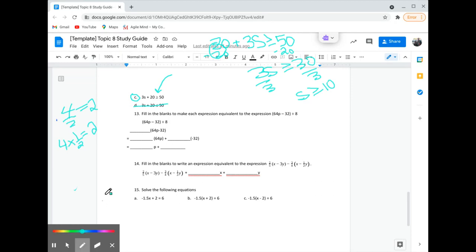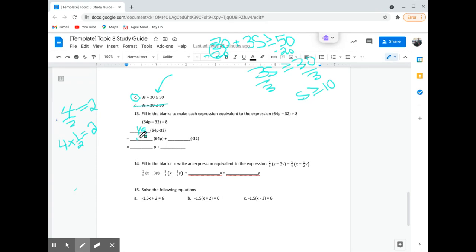So we would write this as 1/8 times the quantity 64p minus 32. And so what property do you have to use so that you can multiply 1/8 by both of these numbers? Distributive. So that's what we're going to do.